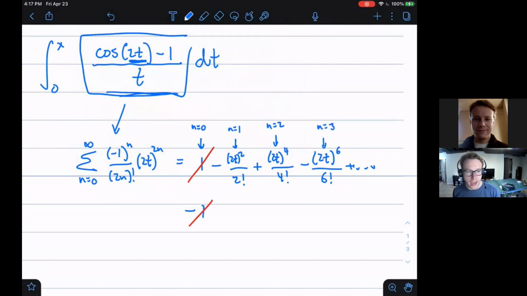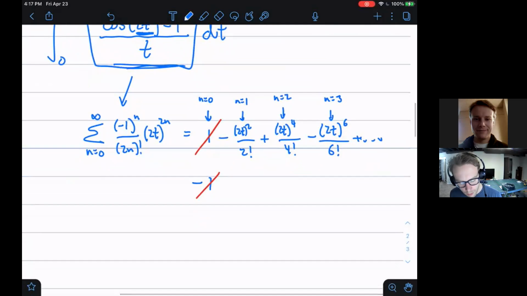And again, it does go on. n needs to go from 0 to infinity, right? So it does go on forever. But notice that 1 perfectly matches up with my first term there. And so when I subtract off 1, one way to do this in sigma notation is just to cancel out that first term, the n equals 0. Forget about that. And so long as you start at n equals 1 and go beyond, this will perfectly match up with the cosine of 2t minus 1.